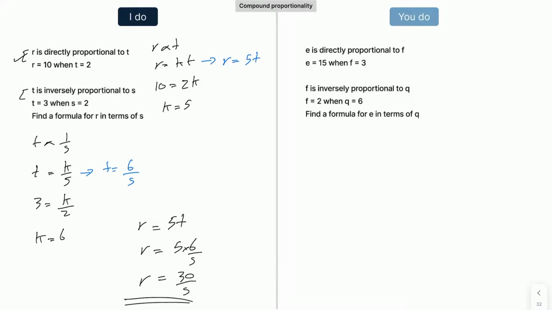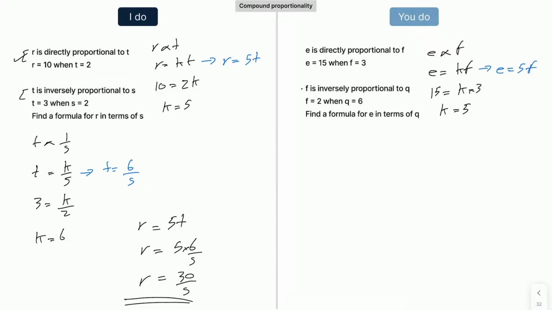So again, hopefully you've pressed pause and got the example on the right. It's saying E is directly proportional to F. So you can say E is equal to KF, so 15 is equal to K times 3. So K is equal to 5. And now we can write that up here. So that is E is equal to 5F.